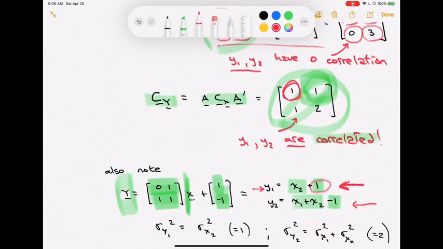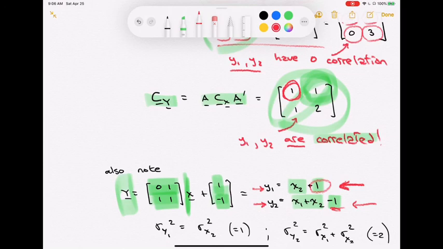If you think about the variance of y2, again, this DC offset doesn't matter because everything is mean adjusted. We're going to have the variance of x1 plus x2. Normally you would do that out as variance of x1 plus variance of x2 plus the covariance between x1 and x2. But x1 and x2 are uncorrelated, which means the covariance term, that cross term, is 0.